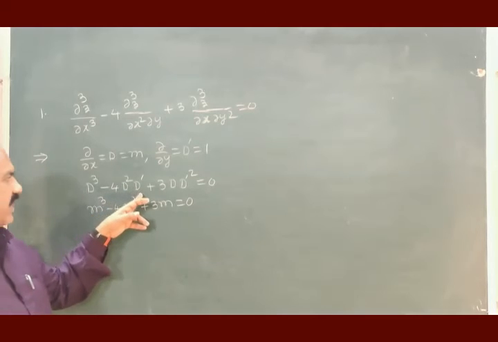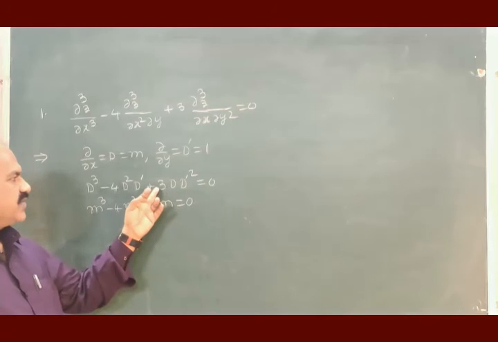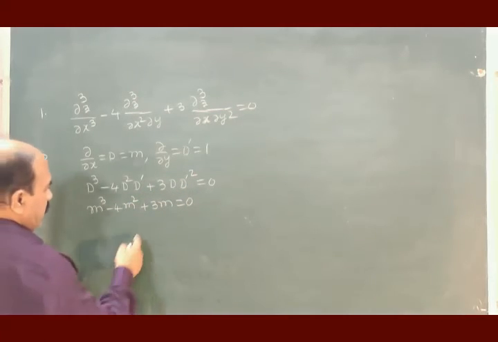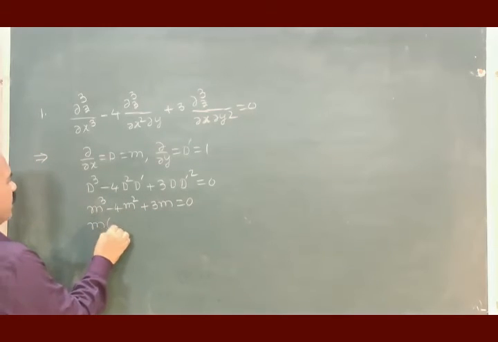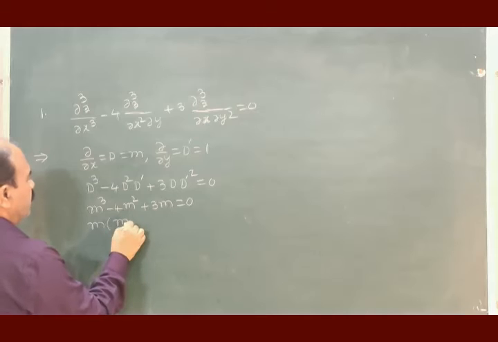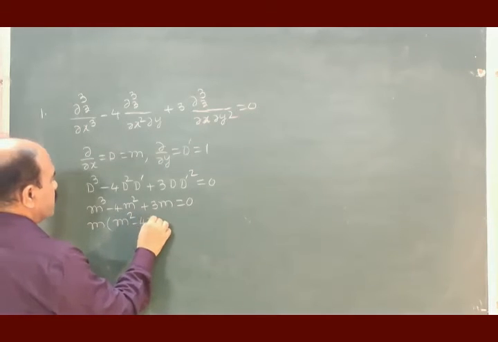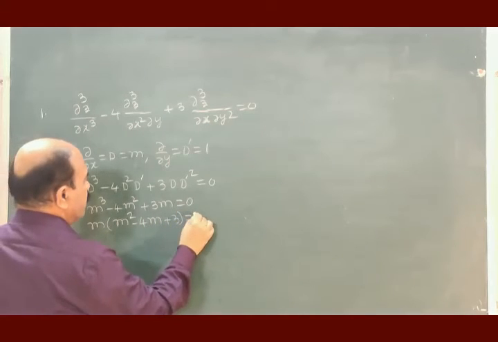D dash square is 1 square, which is 1, so it will be only 3m. M may be taken common, and what is left in the bracket is m square minus 4m plus 3 is equal to 0.